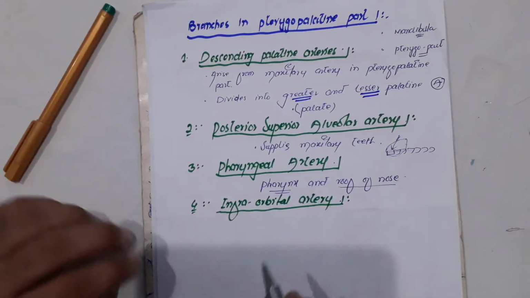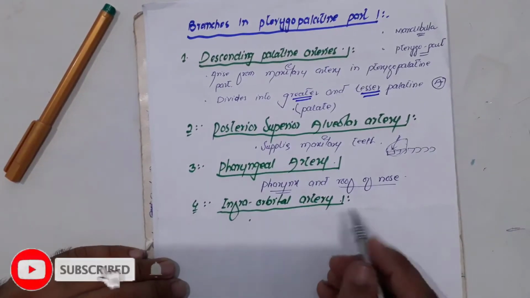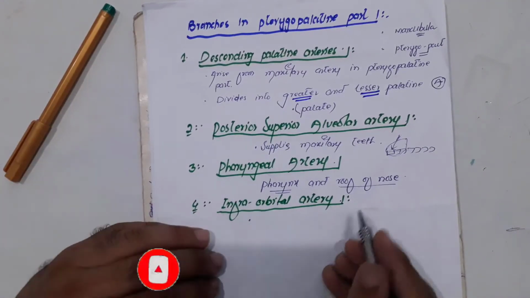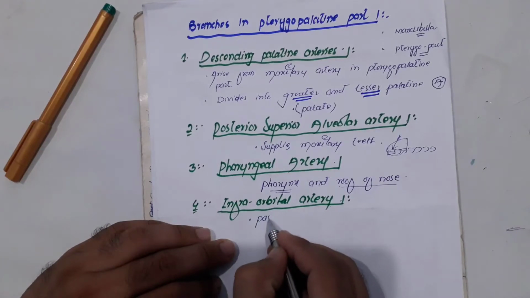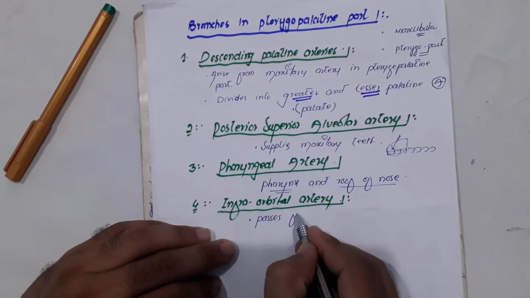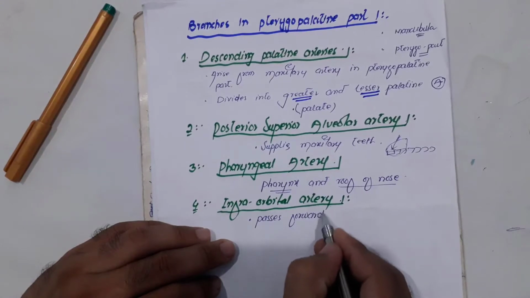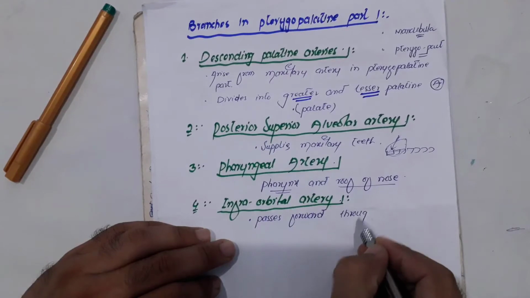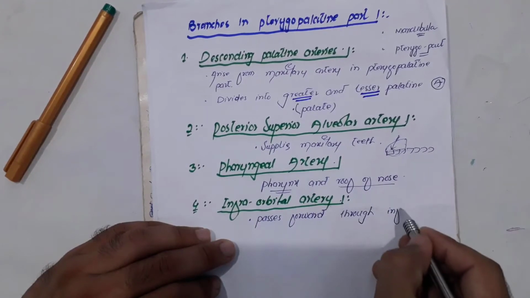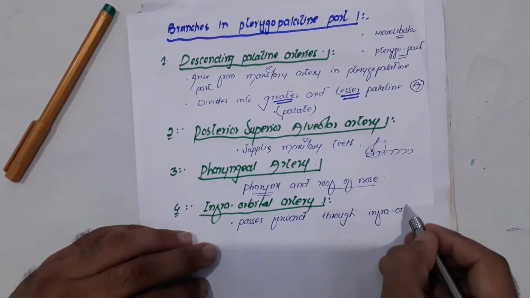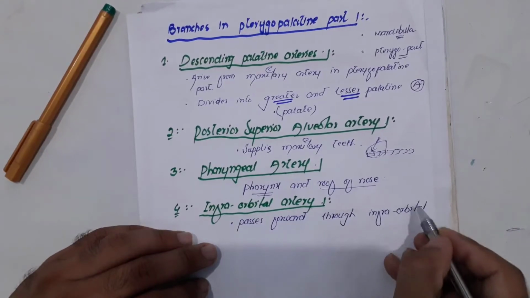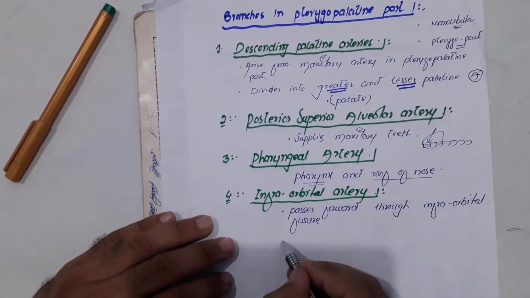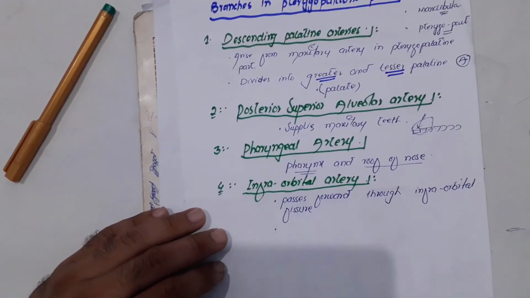This infraorbital artery passes forward through the infraorbital fissure, right? Then what happens to it?